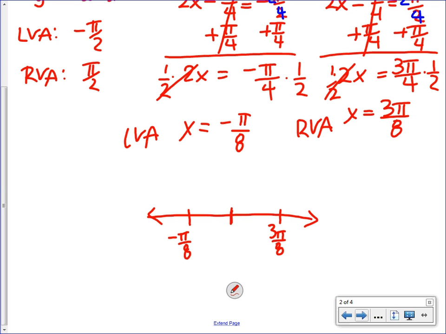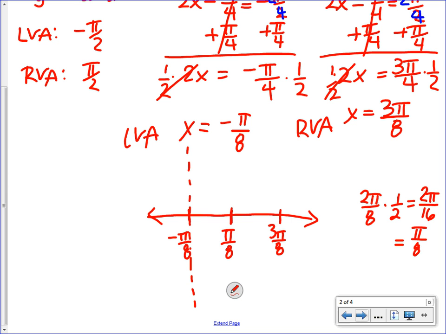Negative pi over 8 plus 3 pi over 8 is 2 pi over 8 divided by 2, which is the same as multiplying by 1/2. So we're going to get 2 pi over 16 or pi over 8. All right, so then let's go ahead and add our VAs. So remember, this is our left VA and this is our right VA.